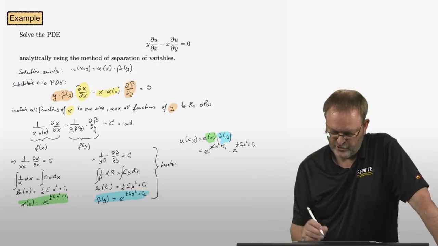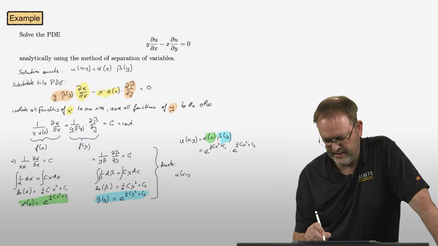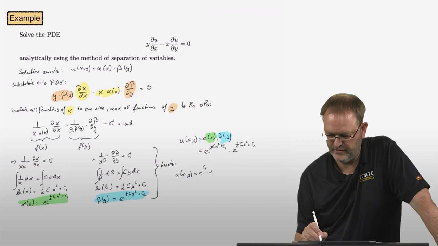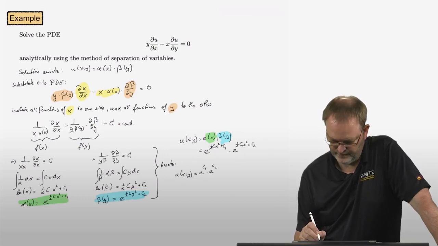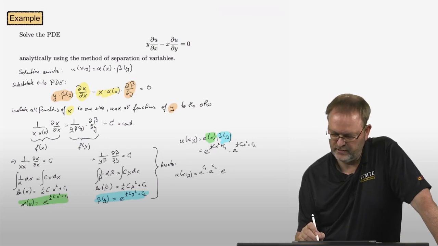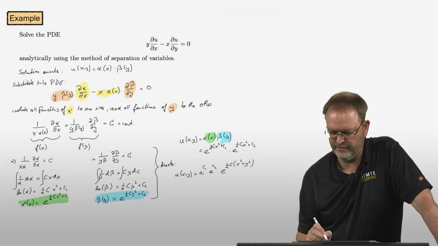Okay, so let's combine these a little bit. So we have u of x and y is equal to e to the power c1 times e to the power c2 times e to the power 1/2 c times x squared plus y squared.